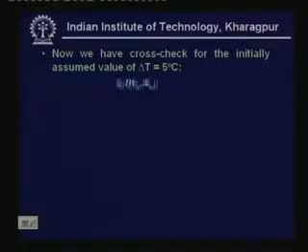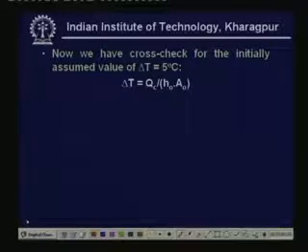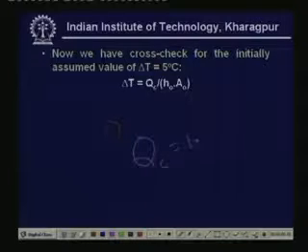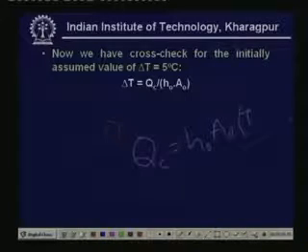Okay, so let us calculate what is the delta T. Now delta T can also be written in this manner: delta T is equal to Q_C divided by h naught into A naught, because Q_C can be written in terms of outer convective heat transfer coefficient, outer area, into refrigerant temperature minus surface temperature.